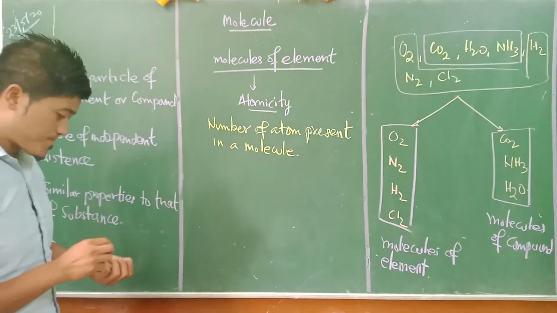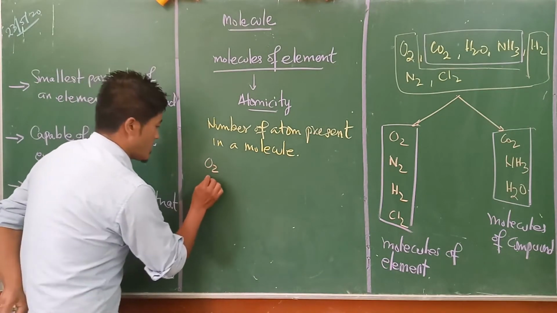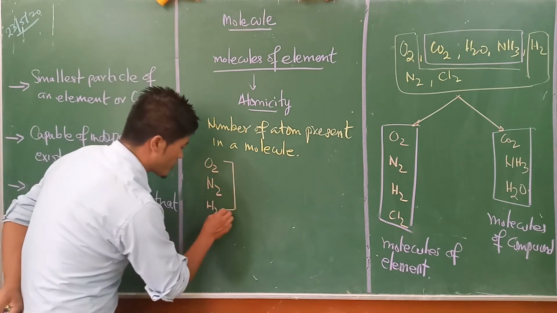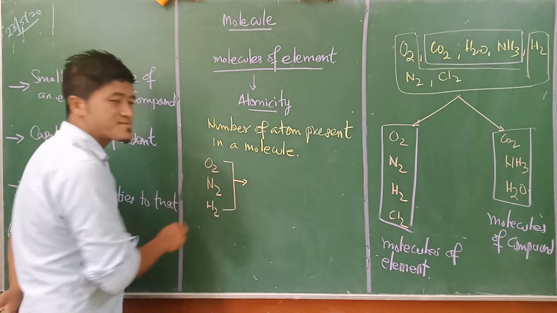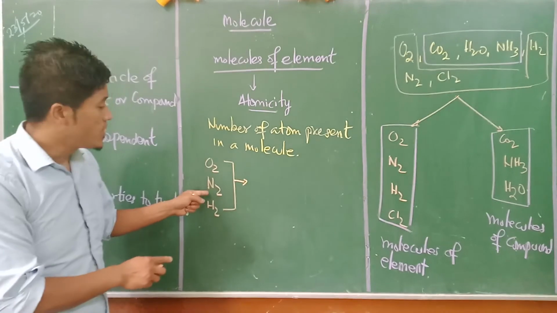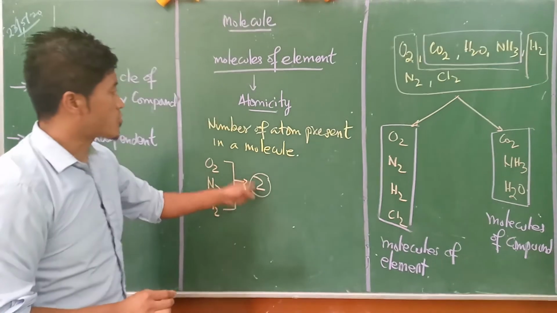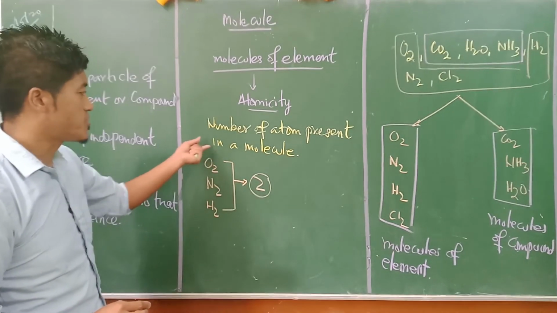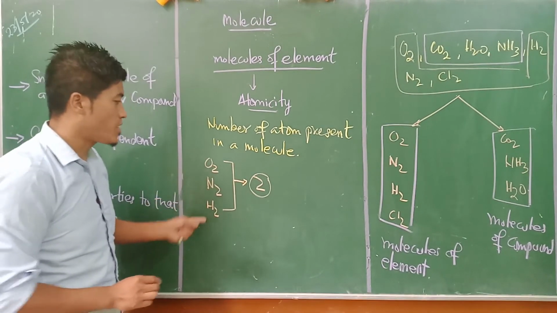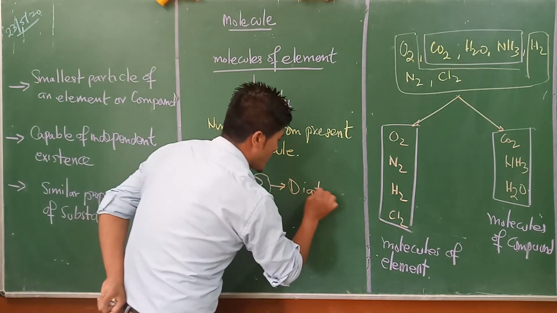For example, let us talk about oxygen: 2 oxygen, nitrogen is 2, and hydrogen is 2. How many atoms were involved? Oxygen, 2. How many nitrogen in N2? 2 nitrogen. How many in hydrogen? 2. So this 2 is what we call atomicity, because 2 atoms are involved in a molecule. That is why this kind of atomicity is what we call diatomic.